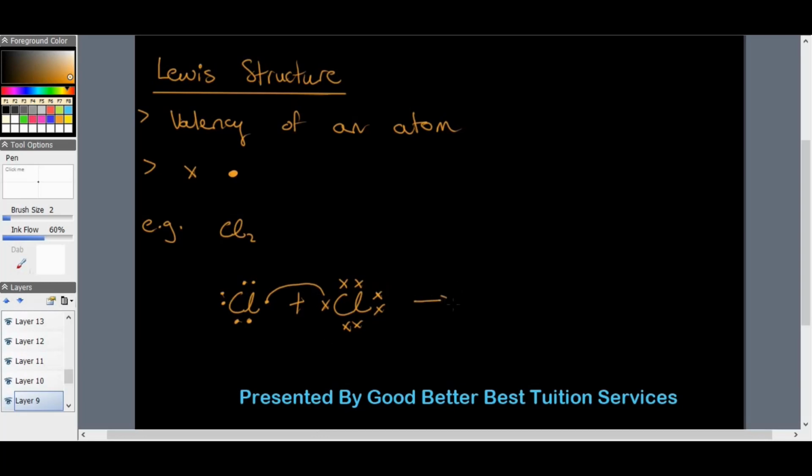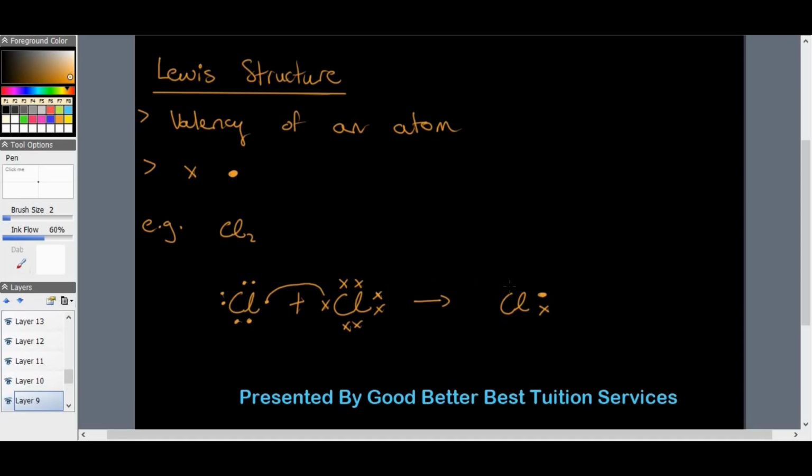How will we write that out for Lewis structure? Simple. Cl. These two are going to come in line with each other. So that is the bond from this chlorine, and this is the bond from the other chlorine. This is one arm, one bond. I have shown the sharing of 2 electrons. If they're being shared, they form a bond.